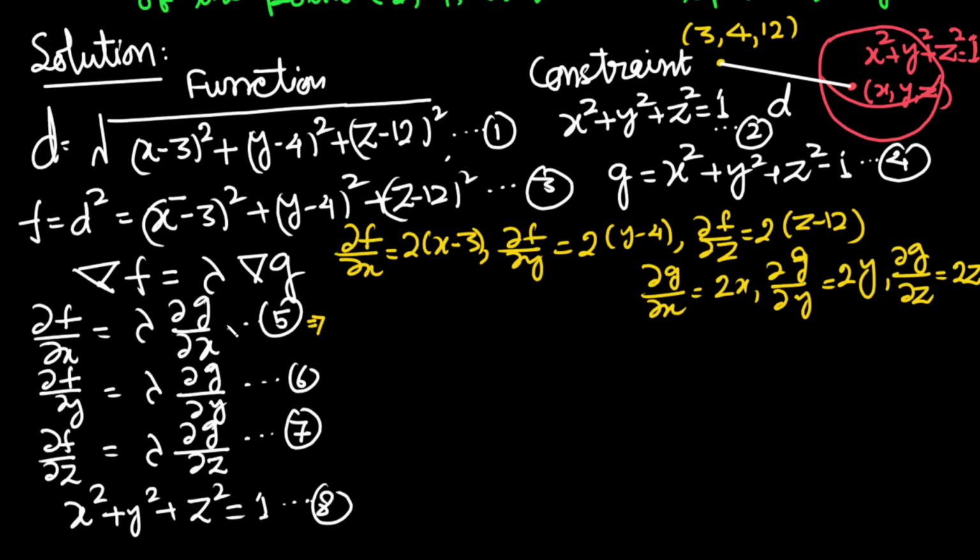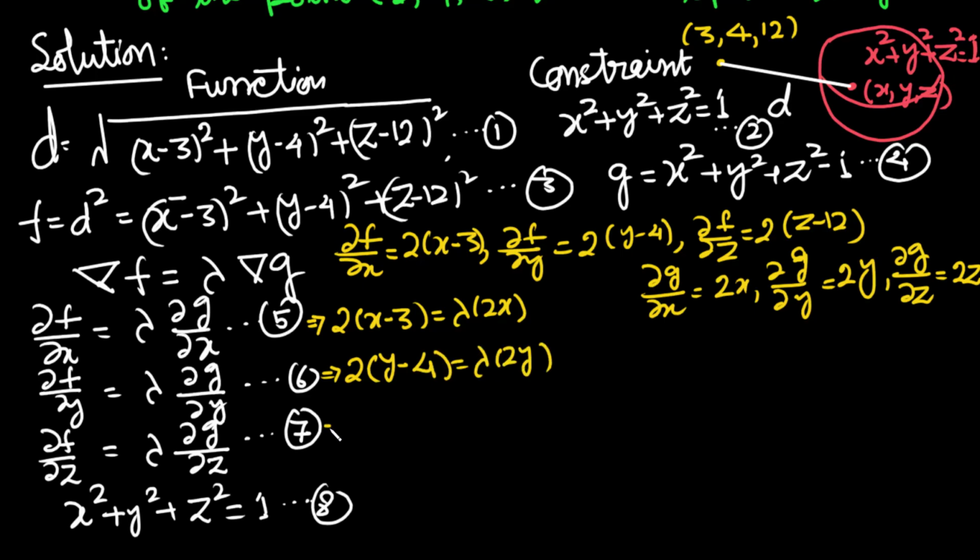So from 5 we get 2(x minus 3) equals lambda times 2x. From equation number 6 we get 2(y minus 4) equals lambda times 2y, and from equation number 7 we get 2(z minus 12) equals lambda times 2z.